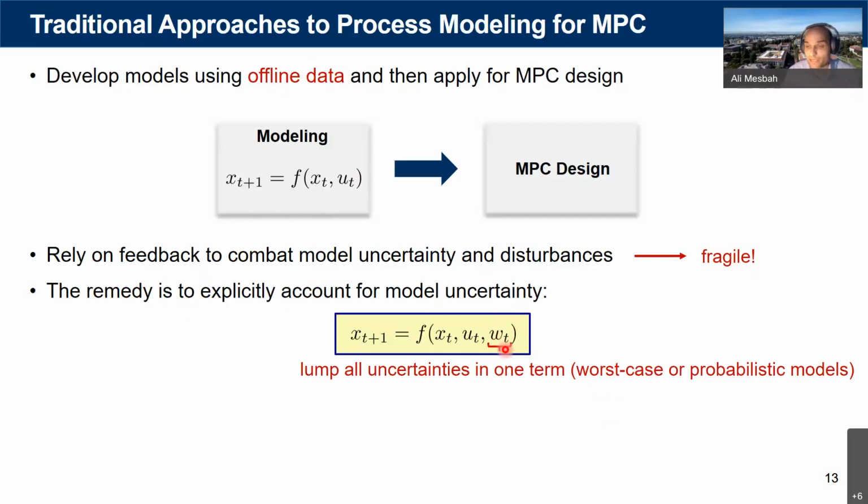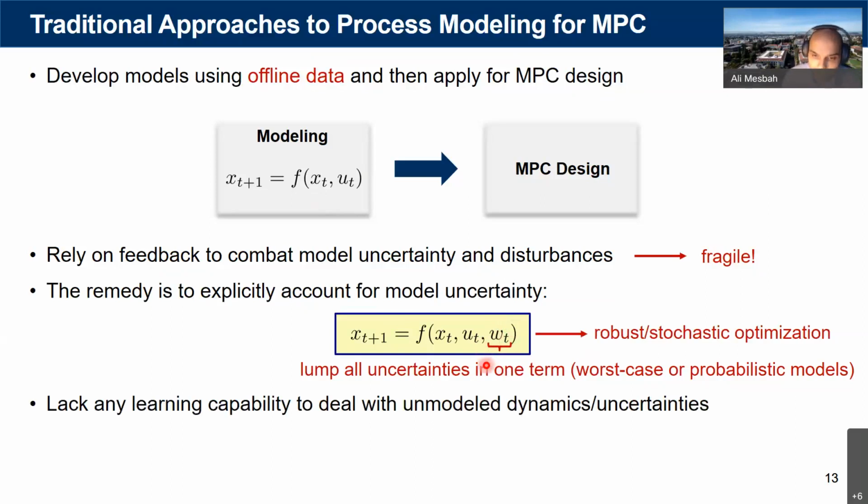All uncertainties are lumped in one term, and we can adopt either worst-case or stochastic or probabilistic descriptions of these uncertainties. In other words, from data, somehow we would have to model this uncertainty W. And this would lead to solving more sophisticated optimization problems. Now we are solving robust or probabilistic/stochastic optimization problems, once we model the description of uncertainties using data.